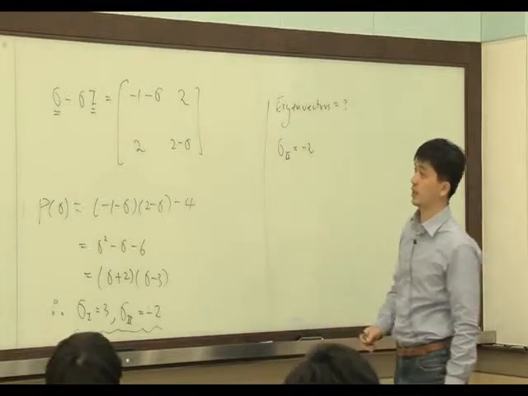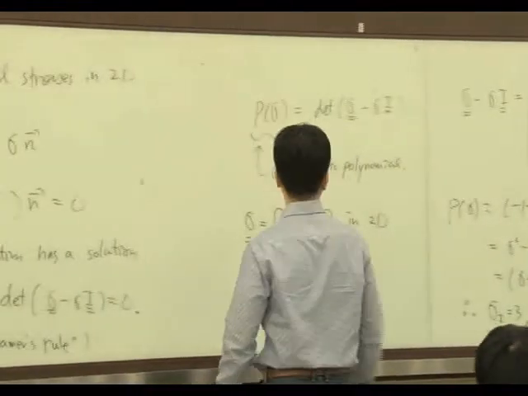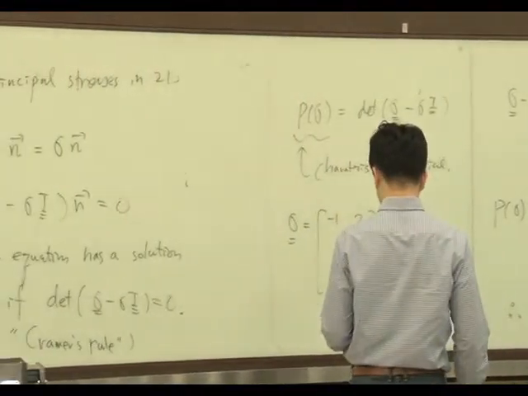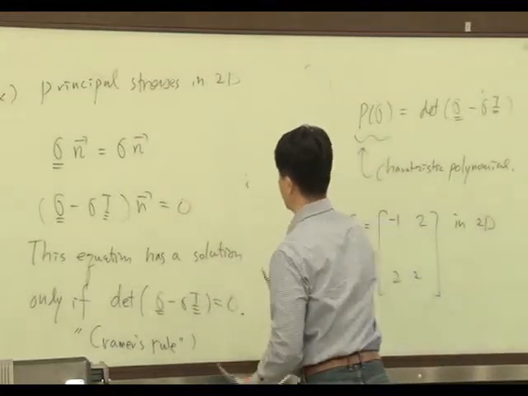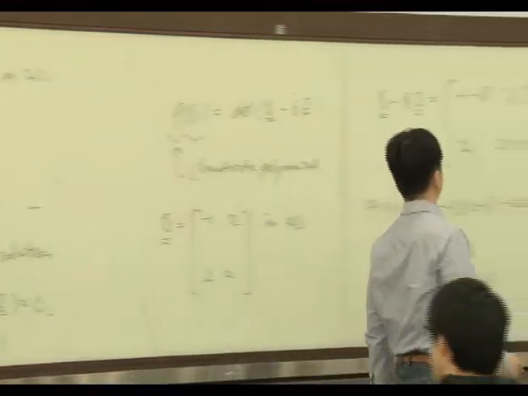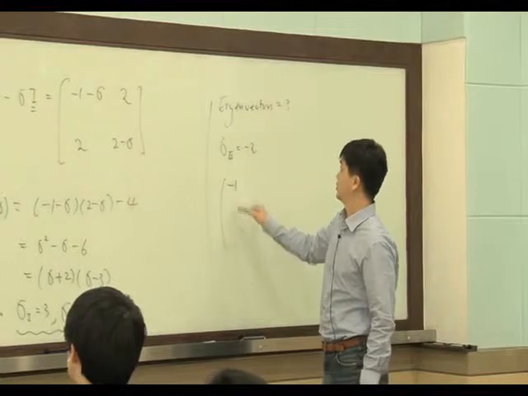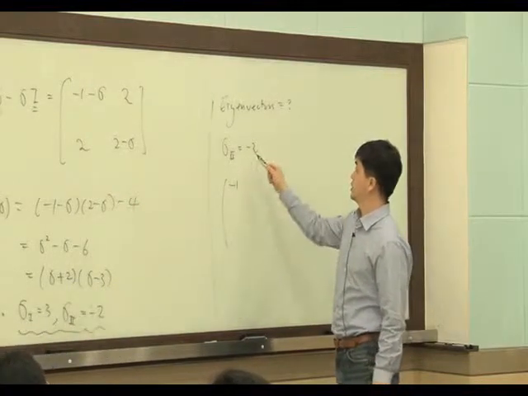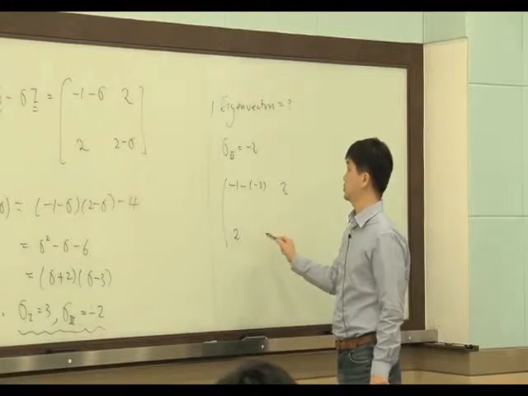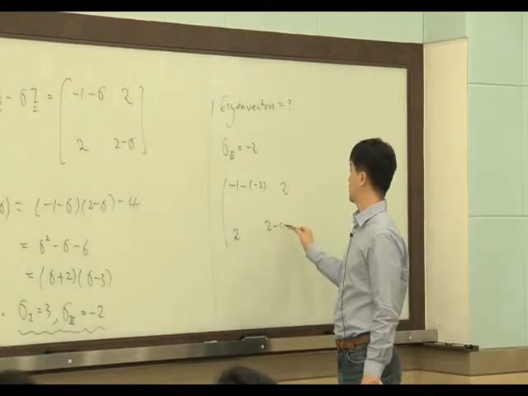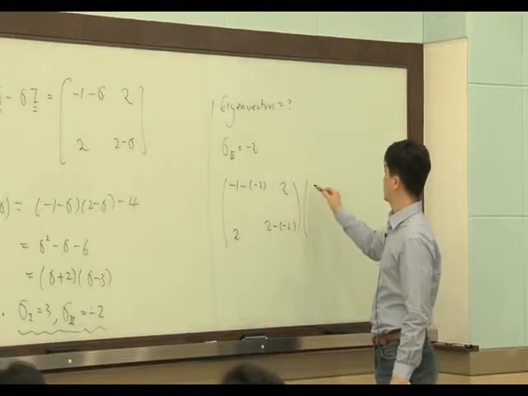Let's put this into this equation here. Then -1 minus sigma, 2, 2, 2 minus sigma, times n, with sigma equal -2.